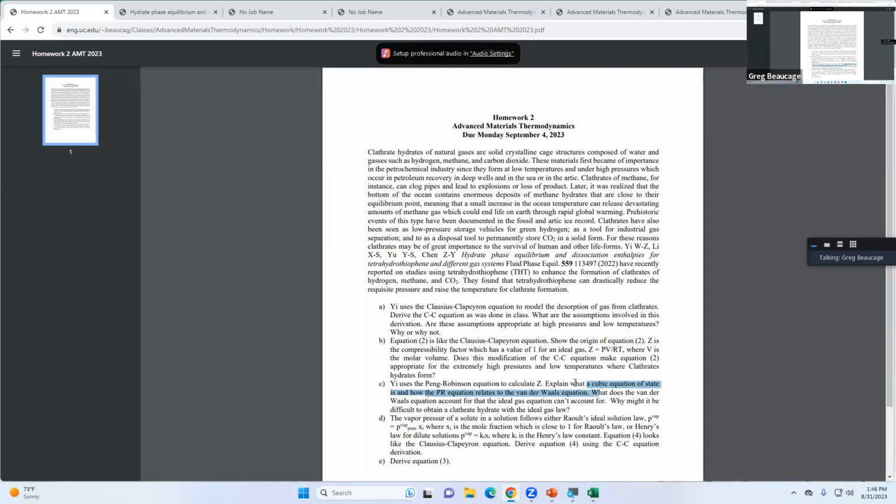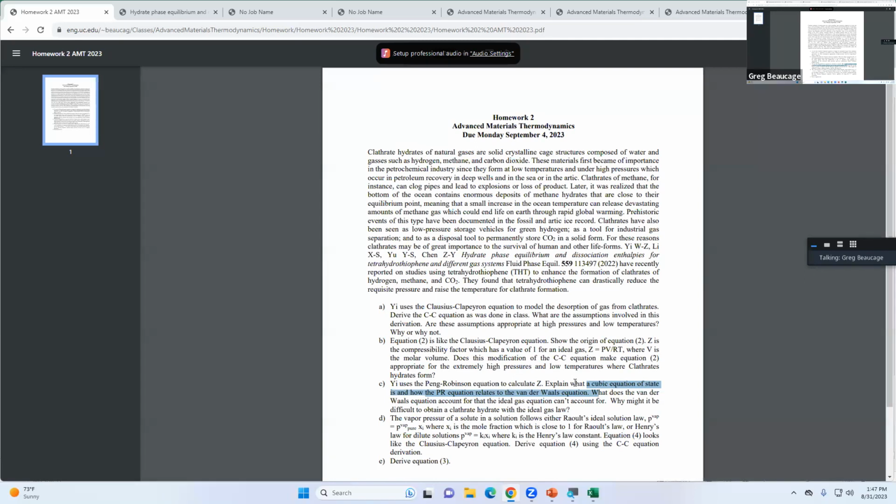There are probably 50 widely used different equations of state just for gases and things, right? And if you're in a business, they will have their preferred equation of state. If you're working for some petrochemical company, they have an internal equation of state, their secret equation that works for their stuff.